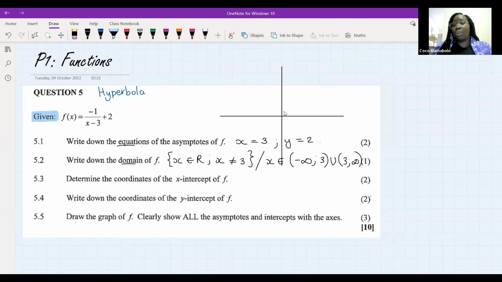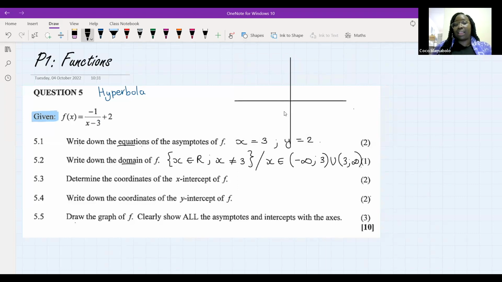If we go back to grade 9 functions where we drew straight lines, we know for a fact that the asymptote of x is a straight vertical line. Now, they want the equation of this line, and unfortunately, it's not going to include p or q. The equation of the line itself is x is equal to 3. So we do need to express it exactly the way that they want us to express it.